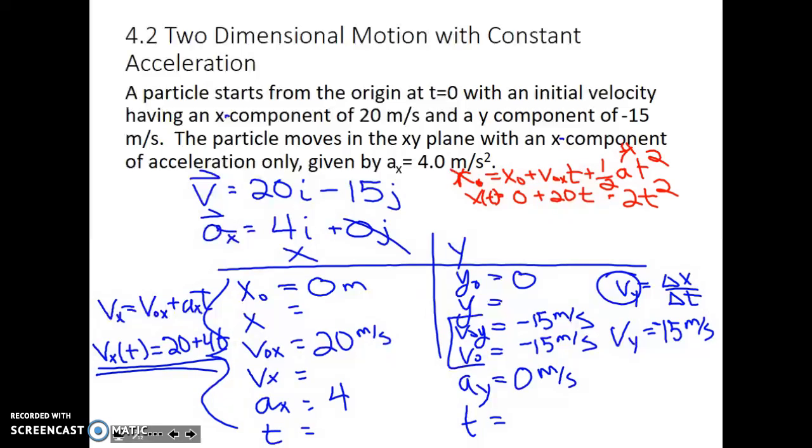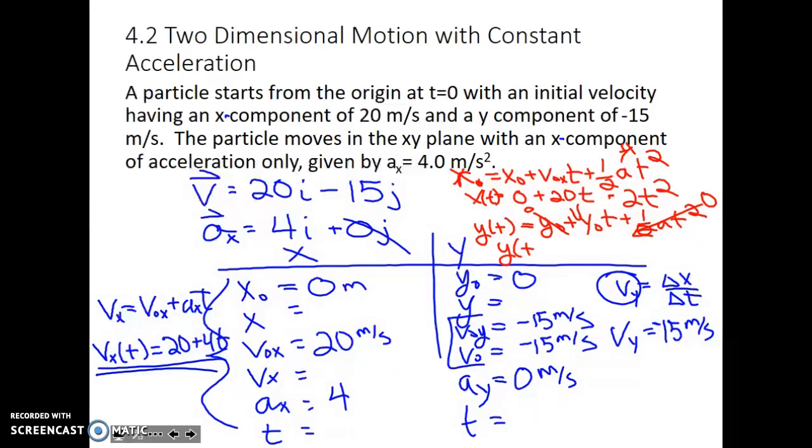And then as far as position for the y, y of t, I can use the same equation: y of 0 plus velocity of y initial times t, plus 1/2 at squared. That goes to 0 because acceleration is 0. That's 0.